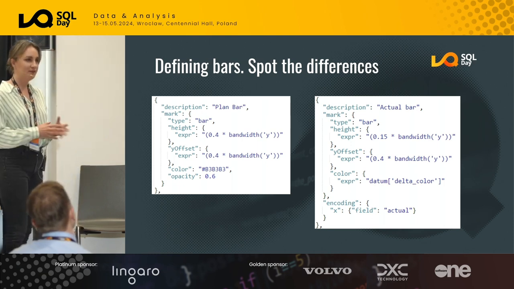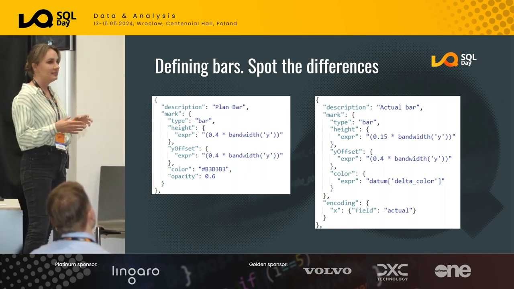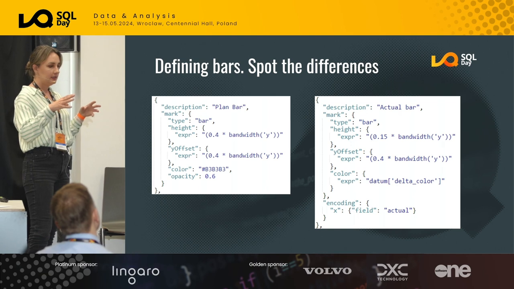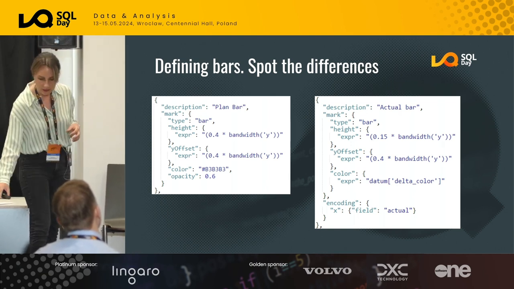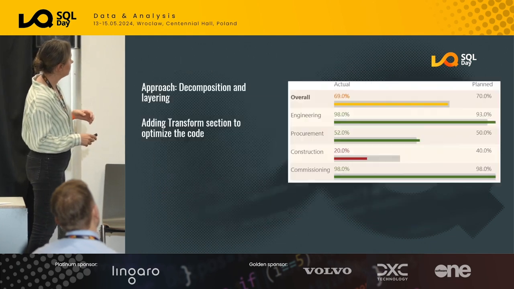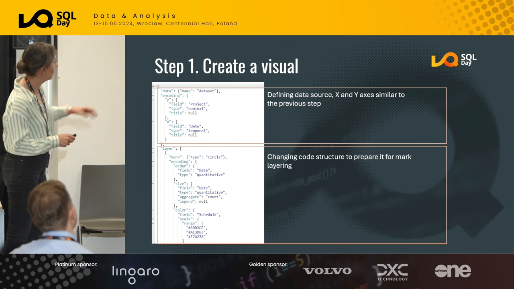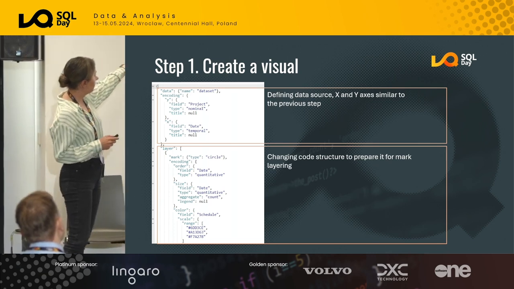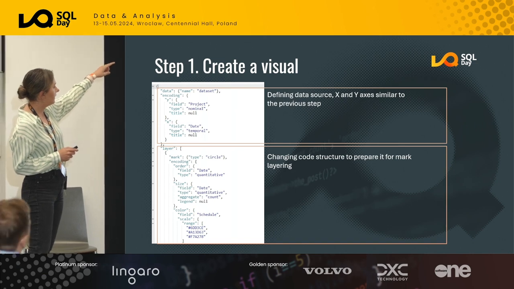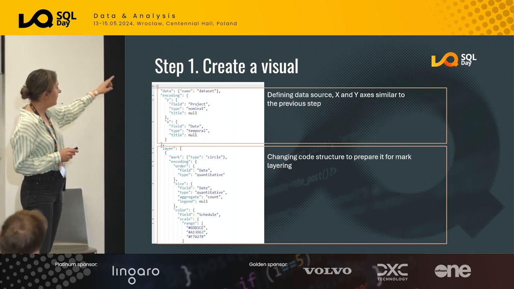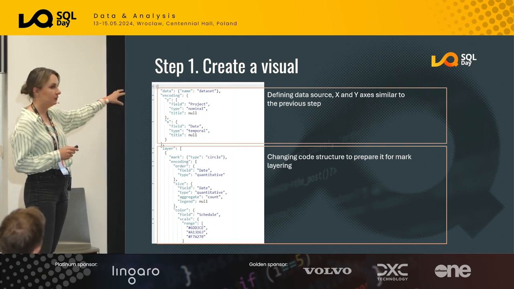I see some confused faces here. Let me try to rephrase it a little bit. So when we define the axis, sorry, let me go back and explain it on the previous example. Here, you can see that I have the first encoding, which defines my y and x axis, and then for the mark, in a layered section, I have a separate encoding.